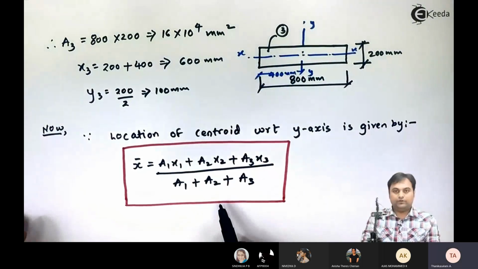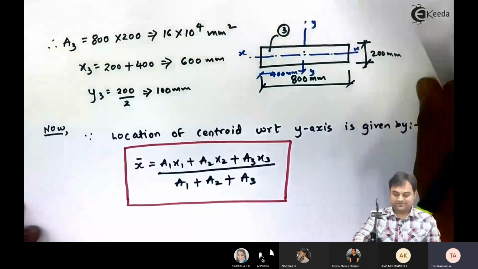Now we have to put all the values here that I will write on the next page.